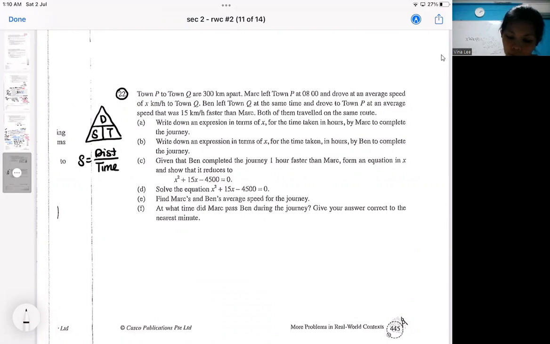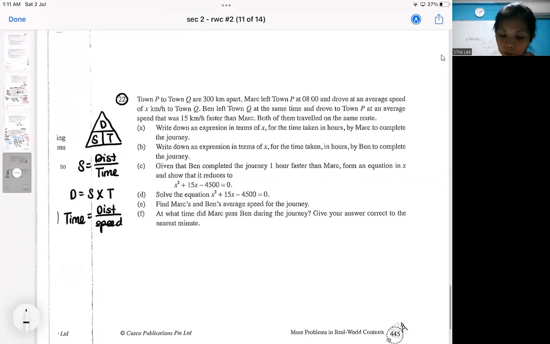So you just make sure you get ready all the formula first, so that it's easier for you to use when you need it.